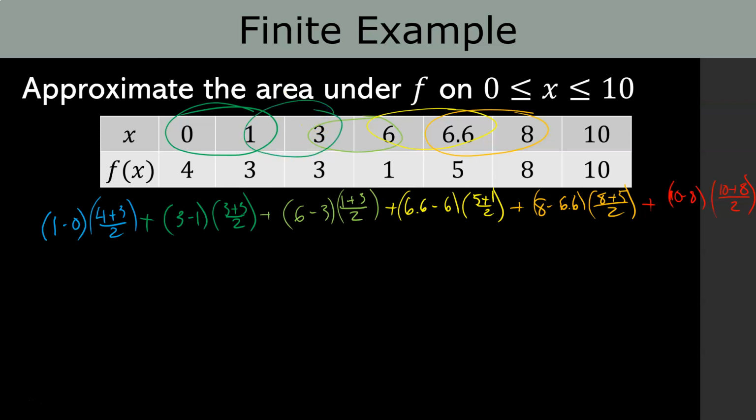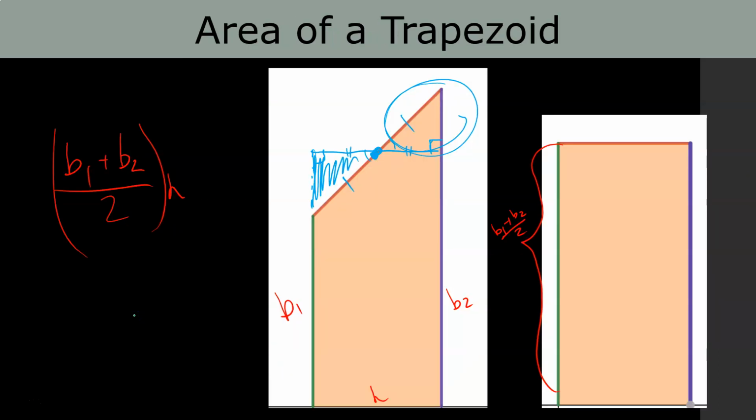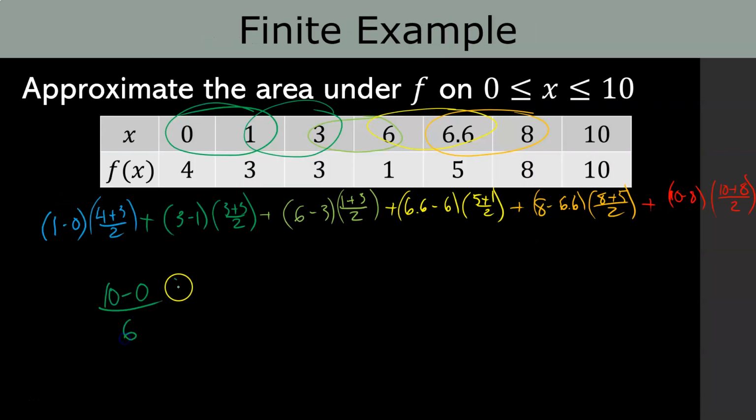One of them is 2, and one of them is 3, and one of them is 0.6, and they just write, well, okay, so it's going to be 10 minus 0, divided into 1, 2, 3, 4, 5, 6. How many pieces is it? 1, 2, 3, 4, 5, 6 equal sized pieces. And then weirdly, you end up with a width that's kind of nowhere on here. So that's kind of the big warning.